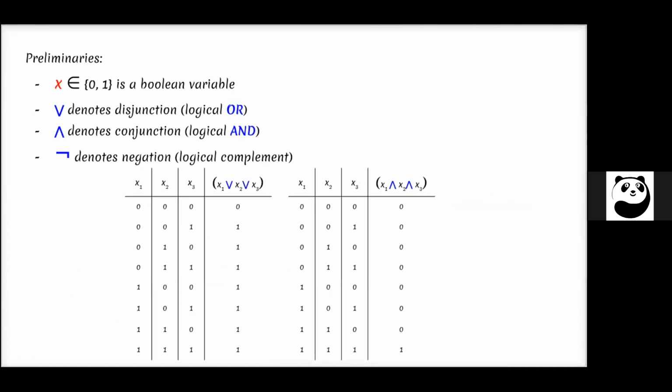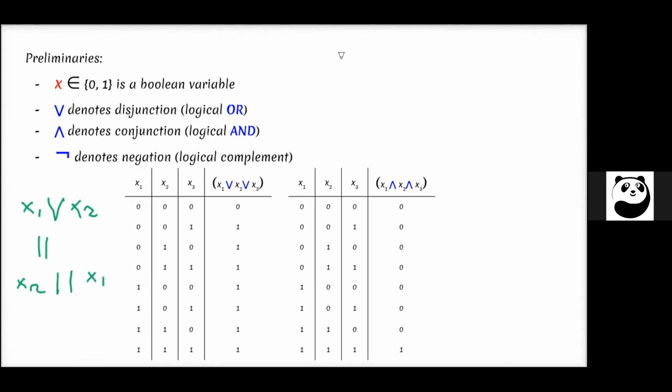Just to note that order doesn't matter with ands and ors. In other words, ands and ors are commutative and associative. Basically, x1 or x2 is effectively the same as x2 or x1, and so on. So order doesn't matter.